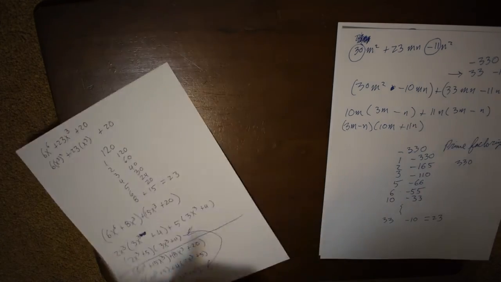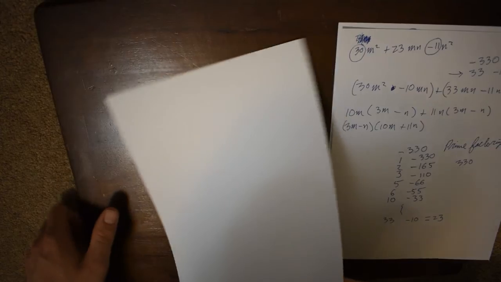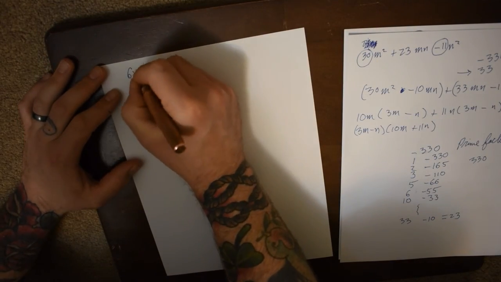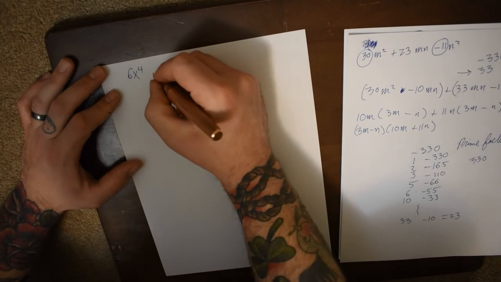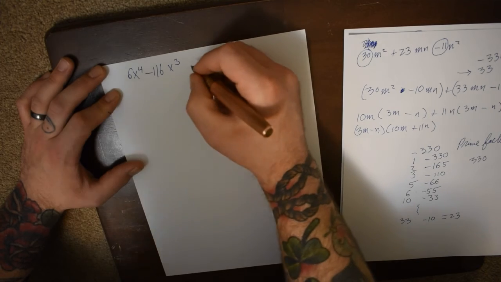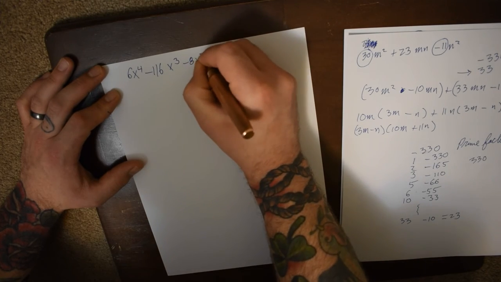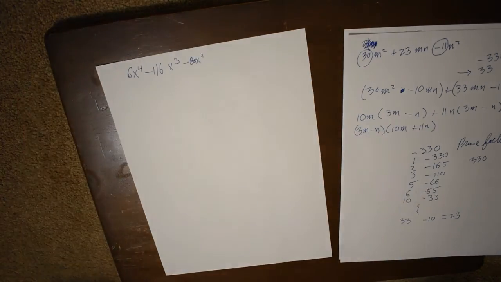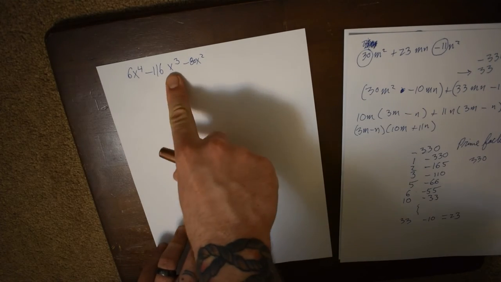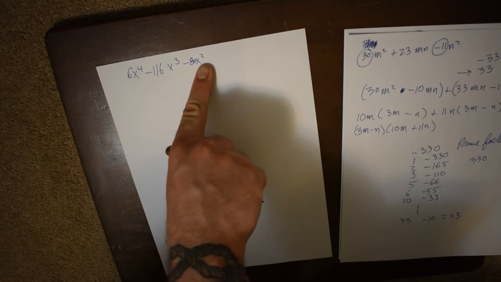So let's give you one final example. Let's say we had 6x to the 4th minus 116x cubed minus 80x squared. I notice that we've got an x to the 4th, an x cubed, and an x squared.